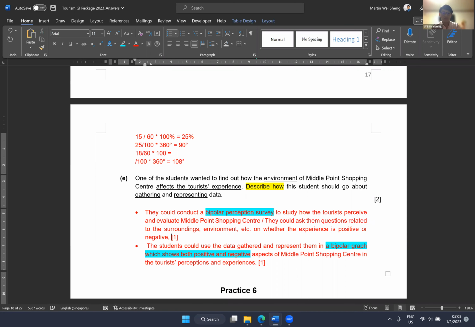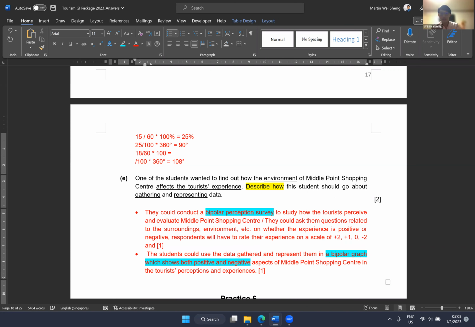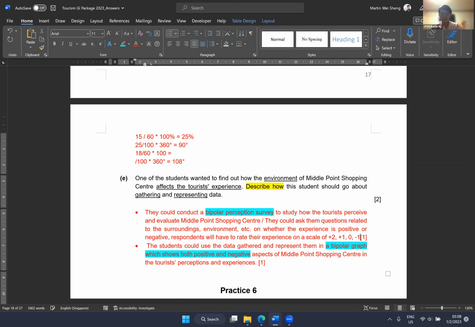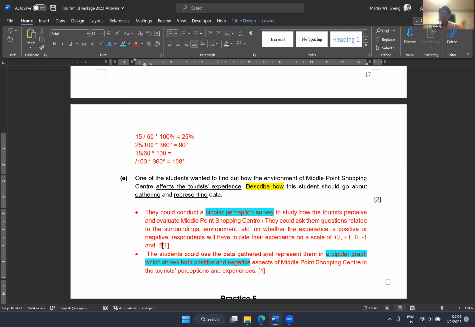Then you have to add that respondents will have to rate their experience on a scale of +2, +1, 0, -1 and -2. So I'm describing how the bipolar perception survey would look like.